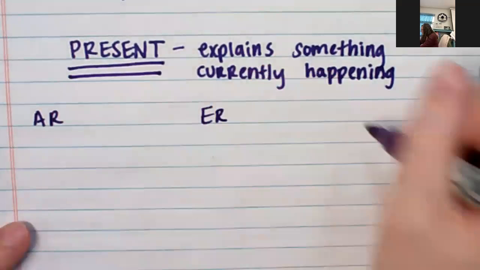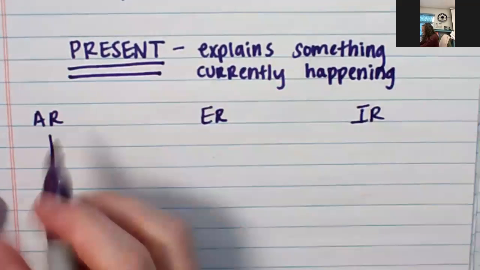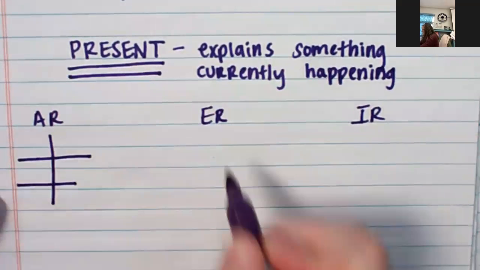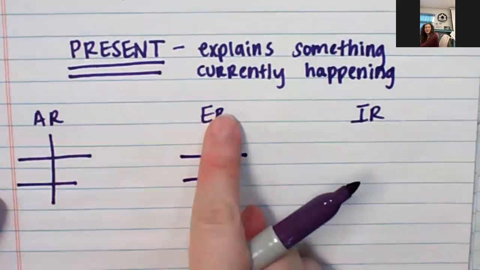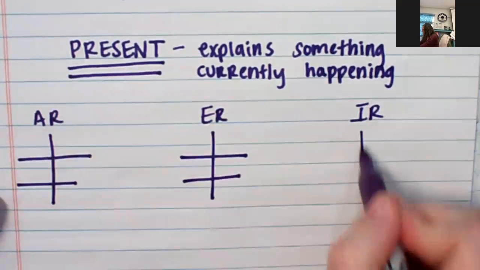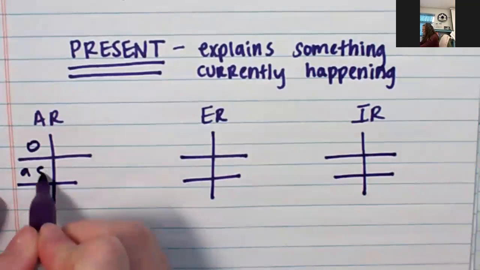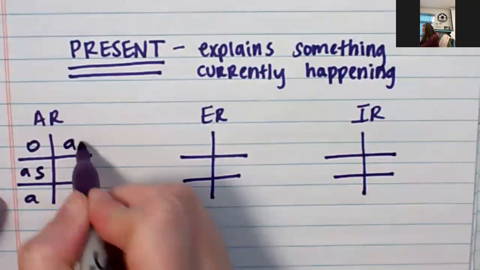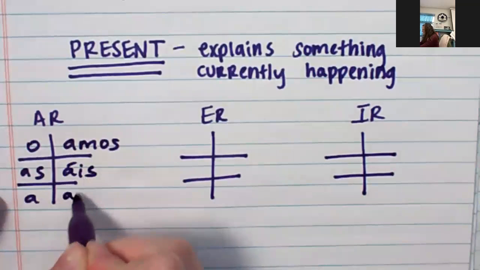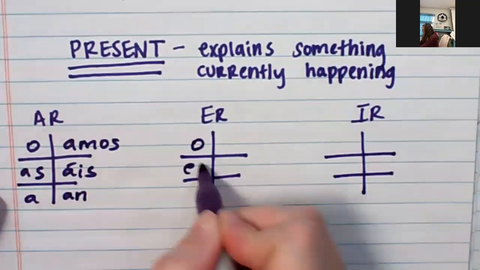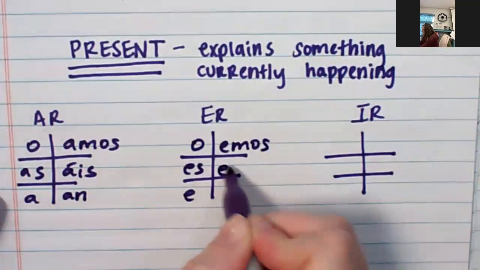So you have your AR, ER, and IR endings. And to conjugate the verb, you just drop the infinitive, which is the AR, ER, or the IR, and then you replace it with one of these endings. And I know this is review.